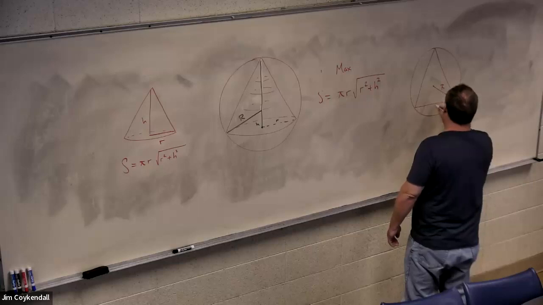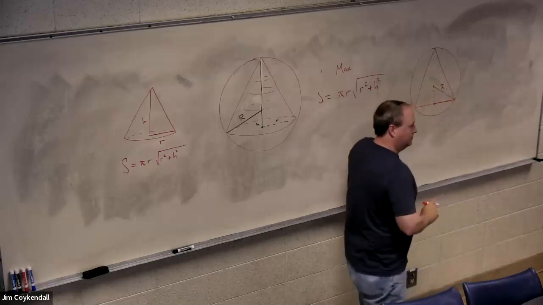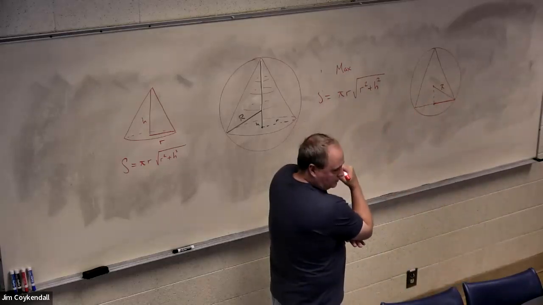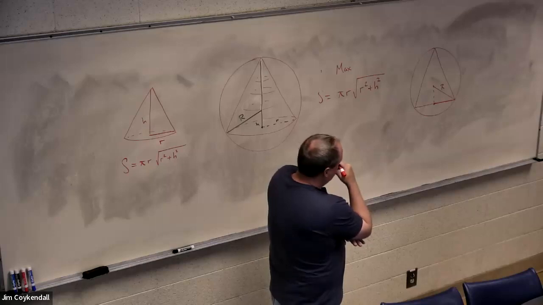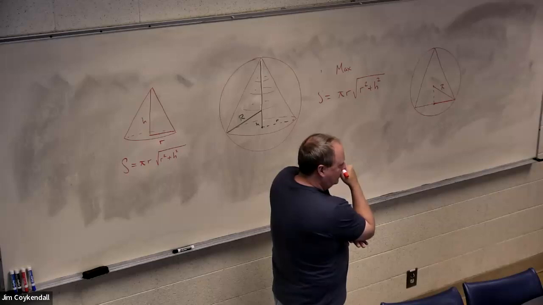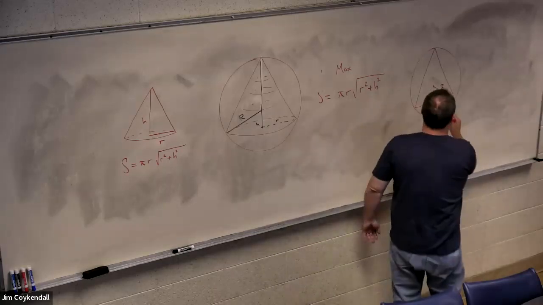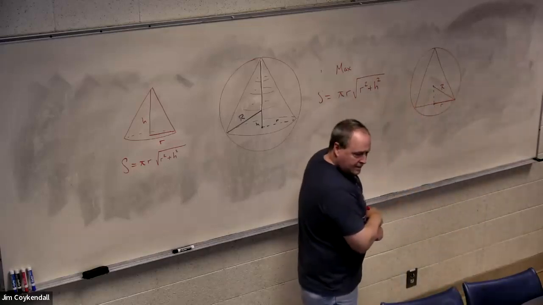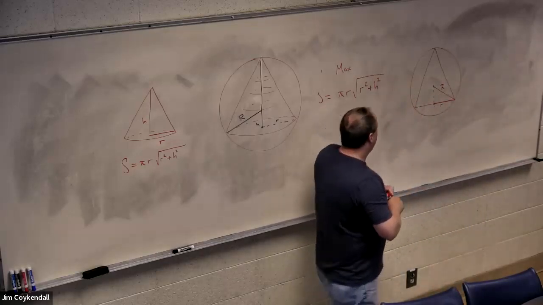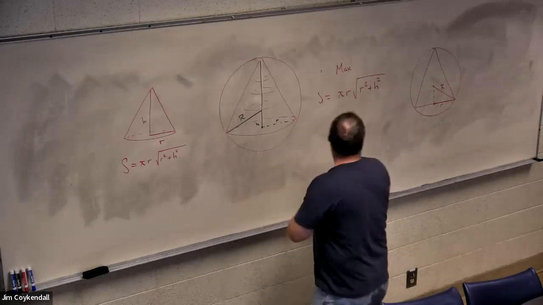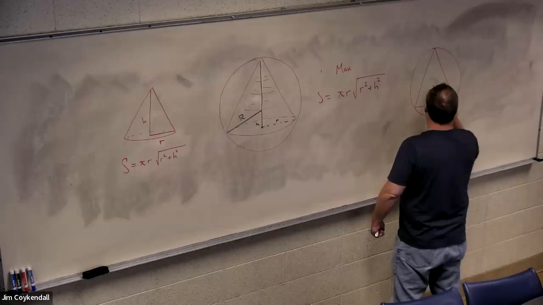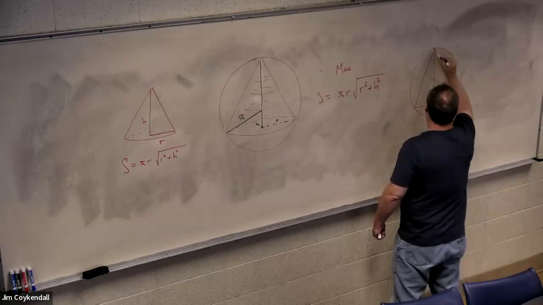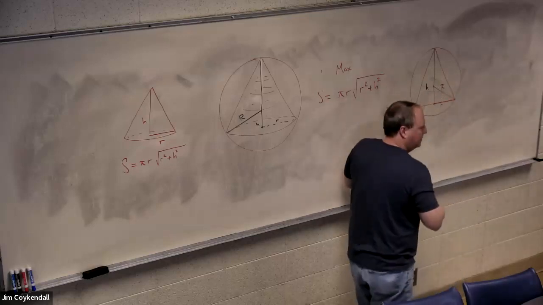What is this distance from here to here? That's the radius. And this distance from here all the way to the top is the height.